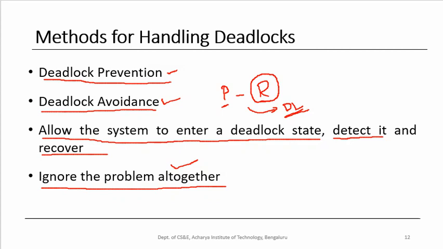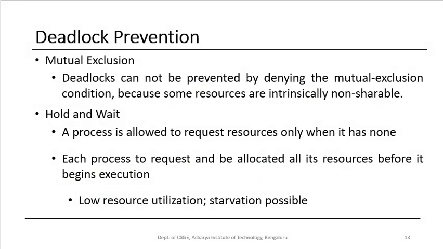Now let us look at them one by one elaborately. First, let me take up deadlock prevention. The first necessary condition which has to hold in the system for causing deadlock is mutual exclusion. There is no way of sharing a resource among multiple processes, especially when it comes to resources like a printer.